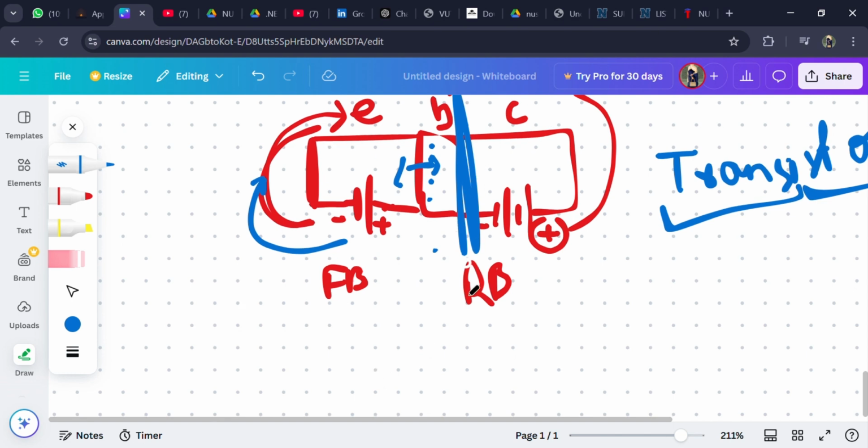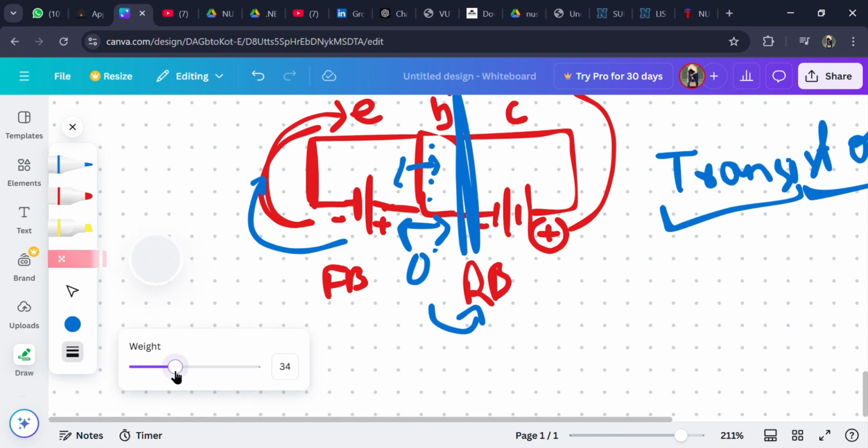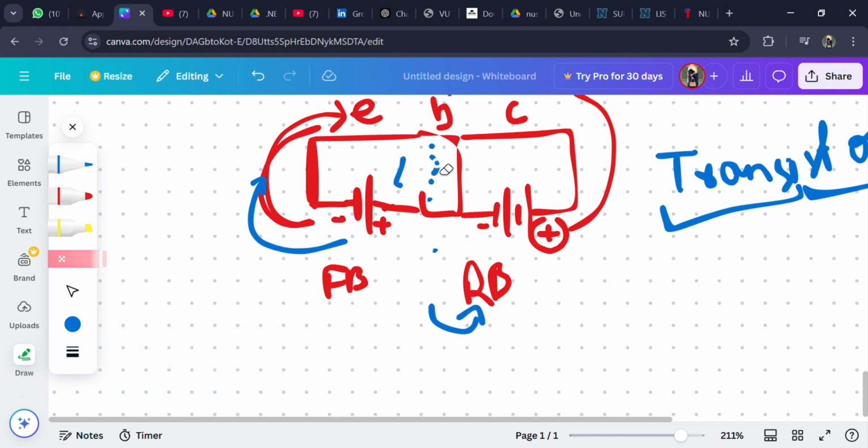Because of the reverse biasing, the depletion layer would get approximately zero, and this depletion layer will somehow transfer to the reverse biasing side, the other junction side. So this transfer of resistance makes it a transistor. This was the basic idea. I hope the process of forward biasing and reverse biasing is clear to you.